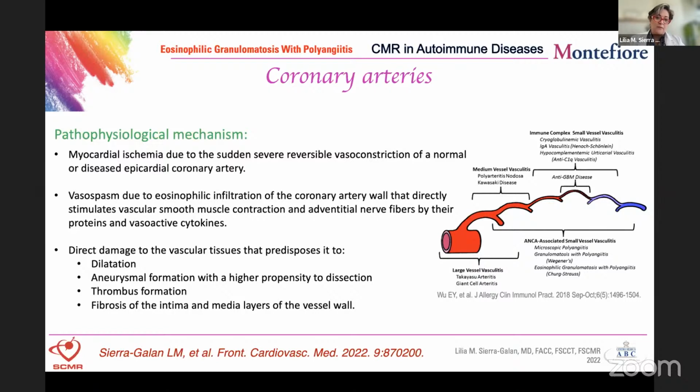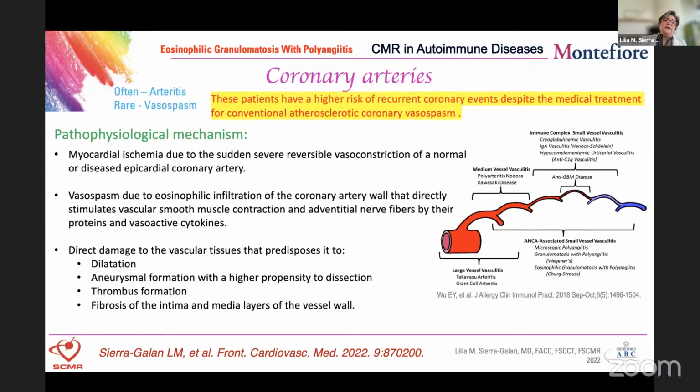It is due to vasospasm because of the eosinophilic infiltration of the coronary artery wall that directly stimulates vascular smooth muscle contraction and adventitial nerve fibers by their proteins or vasoactive cytokines, and by direct damage to the vascular tissue that predisposes these arteries to dilatation, aneurysm formation with higher propensity to dissection, thrombus formation, and fibrosis of the intima and medial layers of the vessel wall.